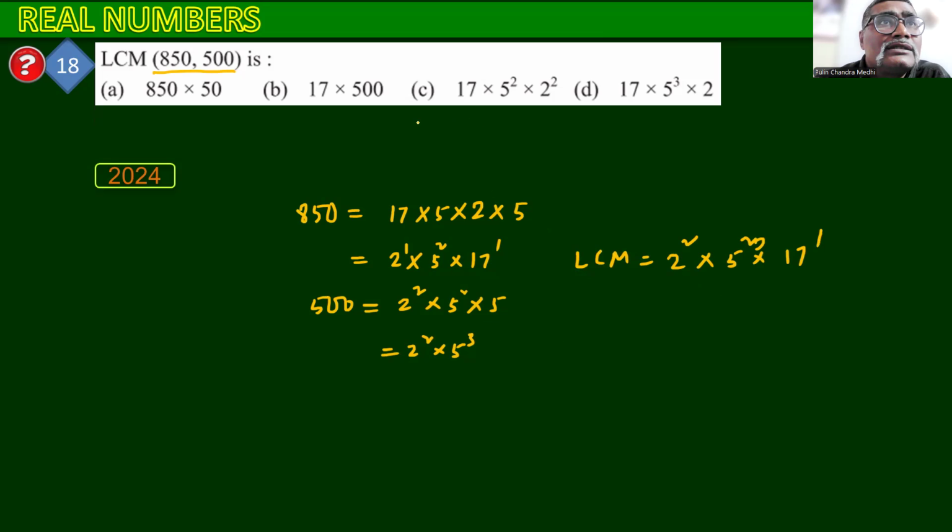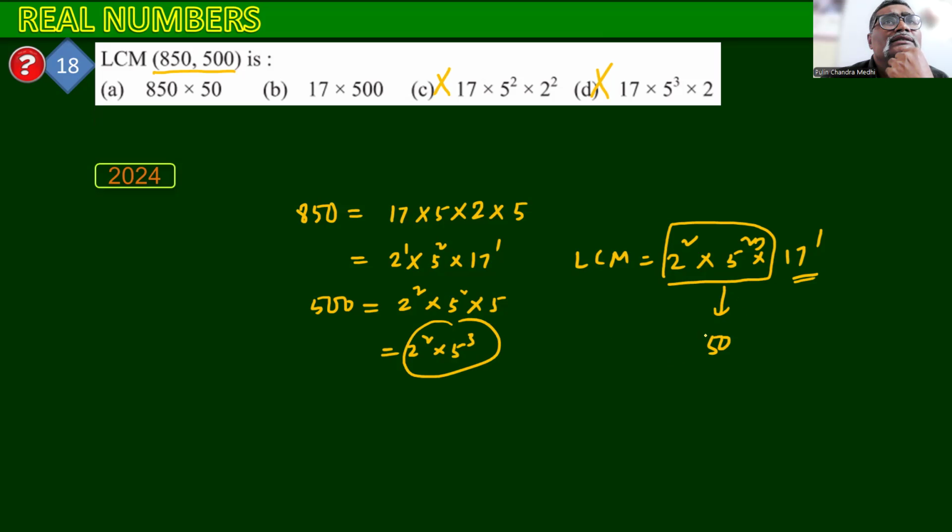So your answer is 17 into 5 cube. You may have a tendency to choose another option, but it will not be. So I can say 17. Will 17 give you this? Yes. 17 into this is going to give you 500. So this one is the LCM, right?